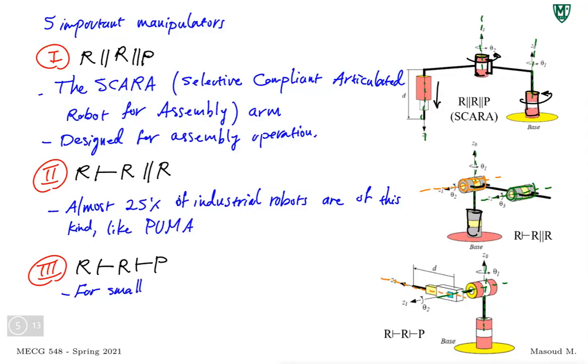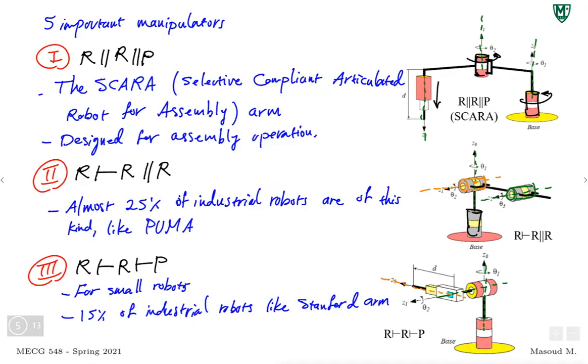It's good for small robots, and about 15% of industrial robots are like the Stanford arm. This is a little old because Stanford came up with different arms, so you might see other things.